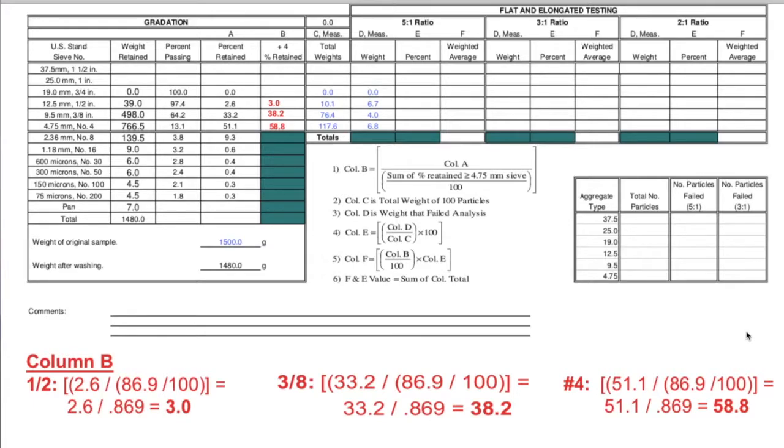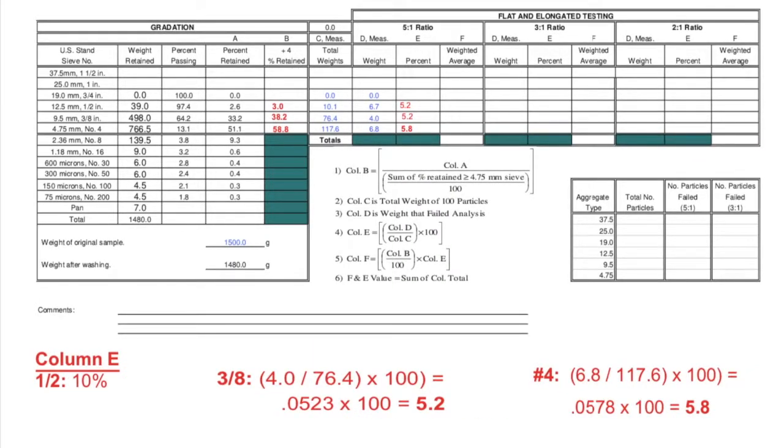We'll look at the 3/8 sieve, 33.2 divided by 0.869, which yields you a 38.2. We'll look at the 4 sieve, the 51.1 divided by 0.869 yields you a 58.8.